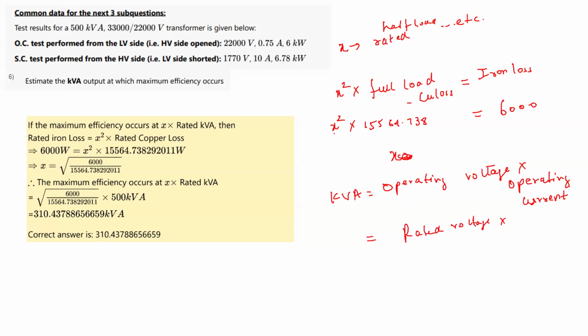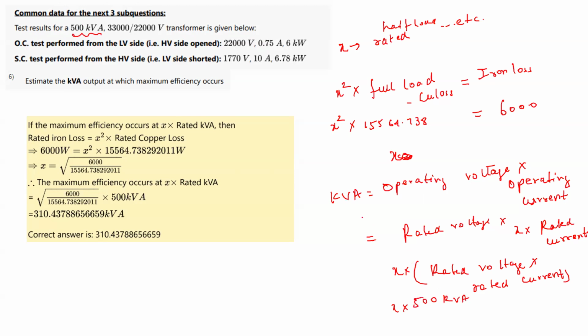We will be operating at x times the rated current. So this is x times rated voltage into rated current. So this is x times the rated VI rating, which is x times 500 kVA. Okay, so this is how you can find the kVA output.